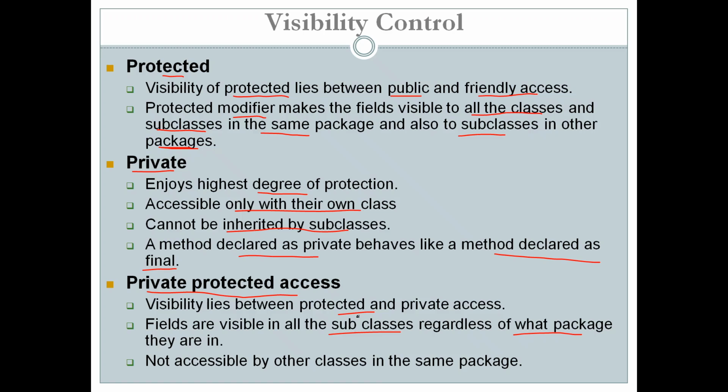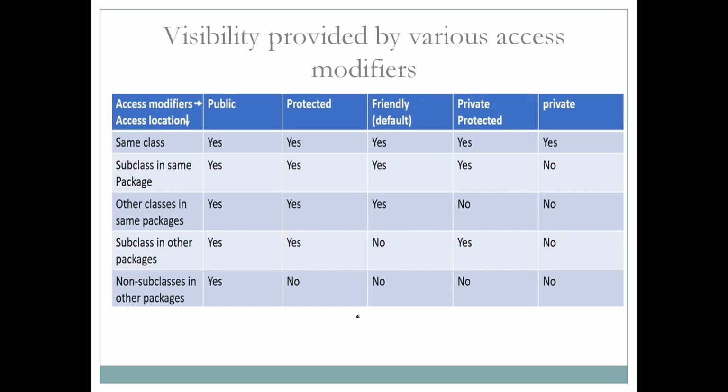These are some modifiers, or you can say visibility controls, available in Java, which can be used to control the visibility of data or members of a class. Now the same thing has been explained with the help of a chart. If you look at this chart, at the top we have the access modifiers in the first row.